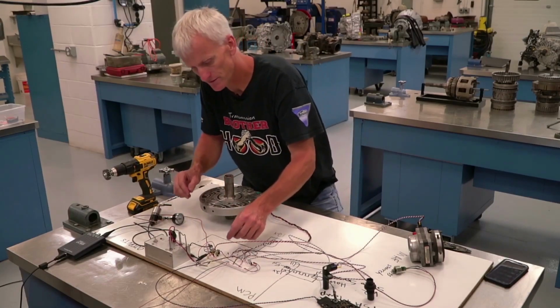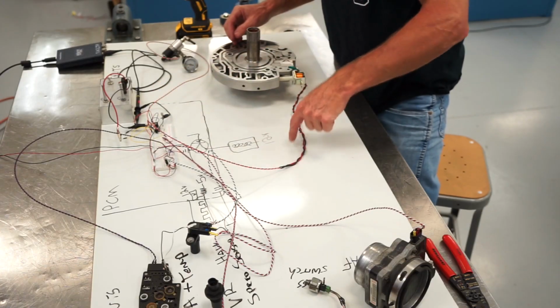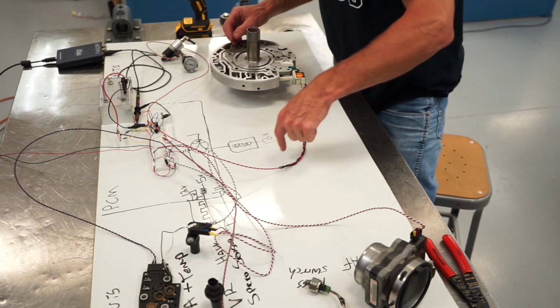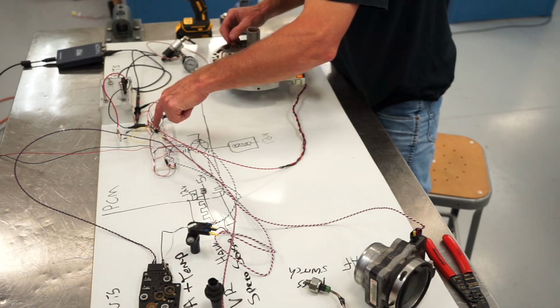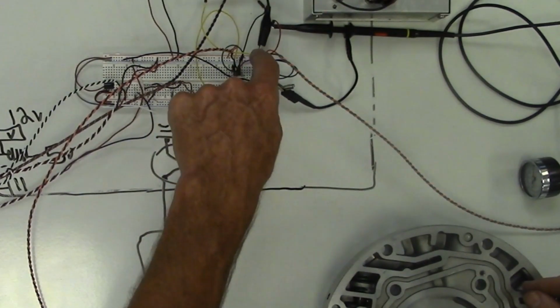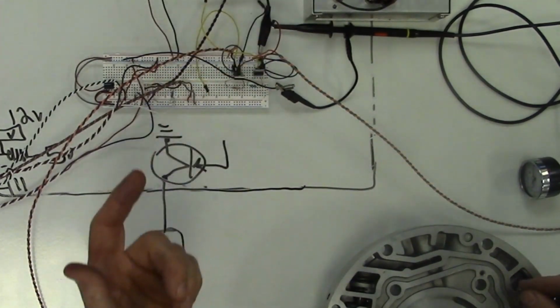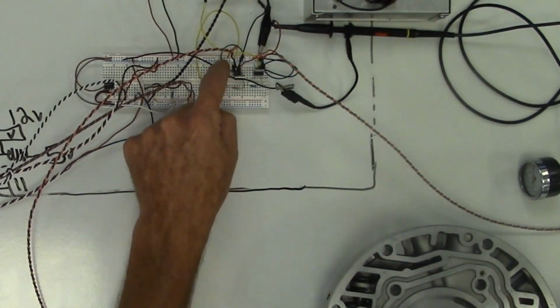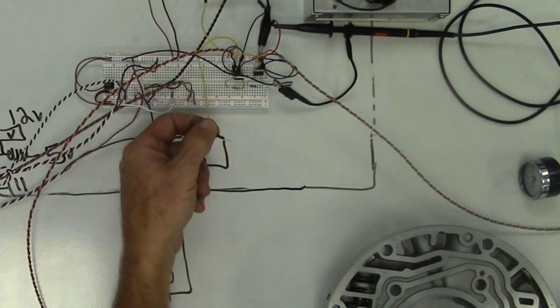Now, when I go to operate this and wire it up, I've got a MOSFET in here, so it's a little different. I've got power coming into my solenoid, and then it's coming out and going into the drain of my MOSFET. The drain's going to be able to transfer it to the supply, and the supply is going to end up grounding it out. The gate of my MOSFET is this yellow wire right here.